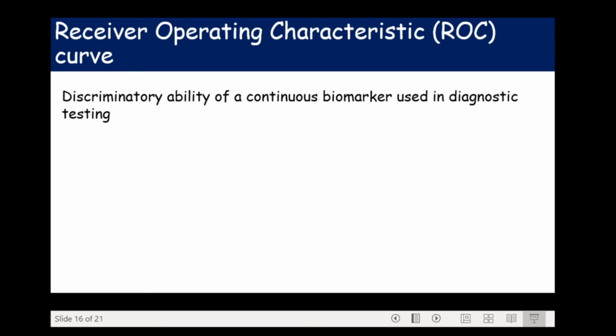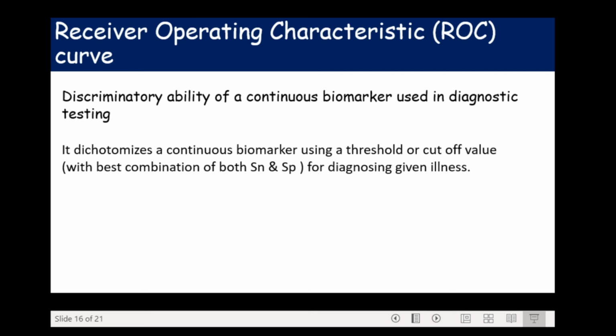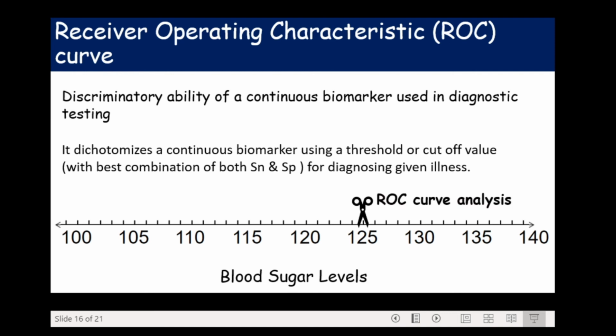The ROC curve provides us with a metric called area under the curve, or simply AUC, to capture the overall discriminating power of a diagnostic test. ROC curve analysis is also important to find out the cutoff value of a continuous biomarker which yields the best sensitivity and specificity trade-off for diagnosing diseases, which I'll explain in my next slide.